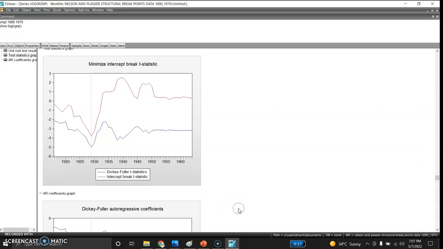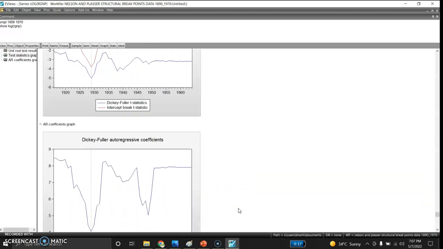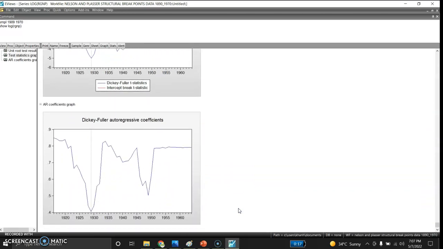And here these are the Dickey-Fuller autoregressive coefficients. So this means that some data may be non-stationary at the level, but if there is structural break, then by checking unit root with breakpoints, we may show that the data may be stationary at level. So this is evident from this data of log real GNP.